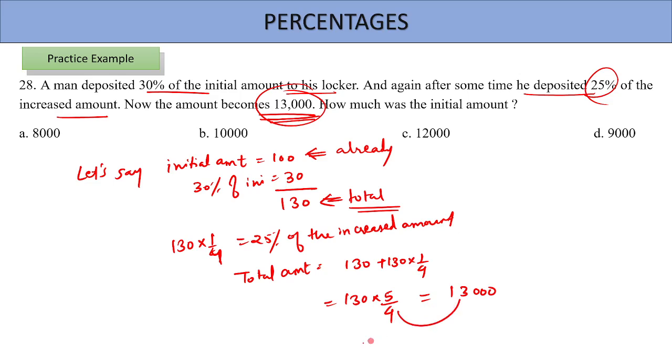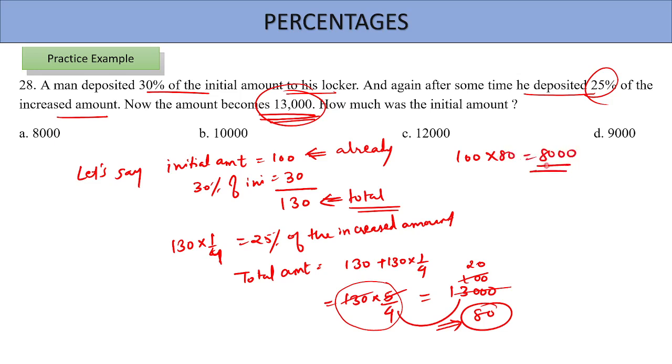So with what value should you multiply this LHS to get 13,000? This will go 100, this will go 20, and this 4 will go that side, so you will get 80. So you have to multiply the amount by 80. Your initial amount was 100, so 100 into 80 is going to give you 8,000. Option A.